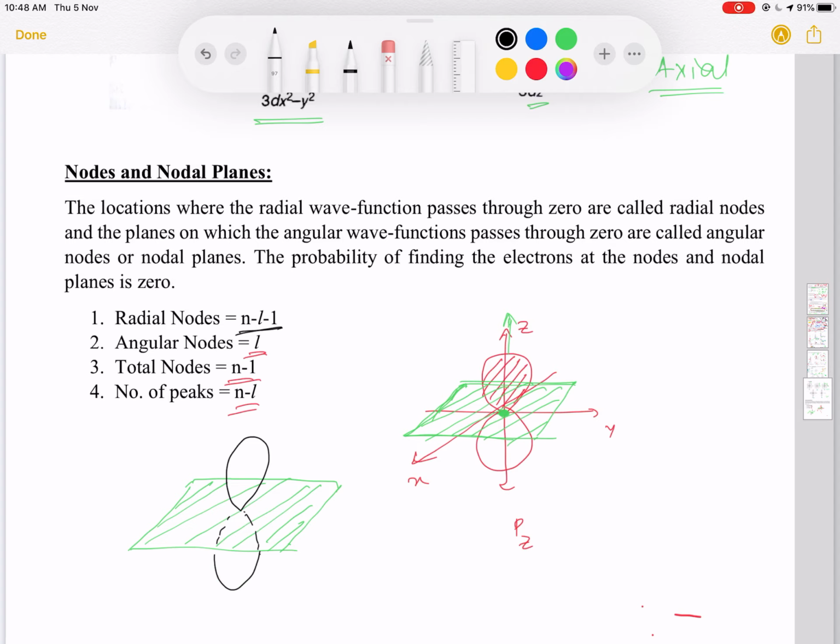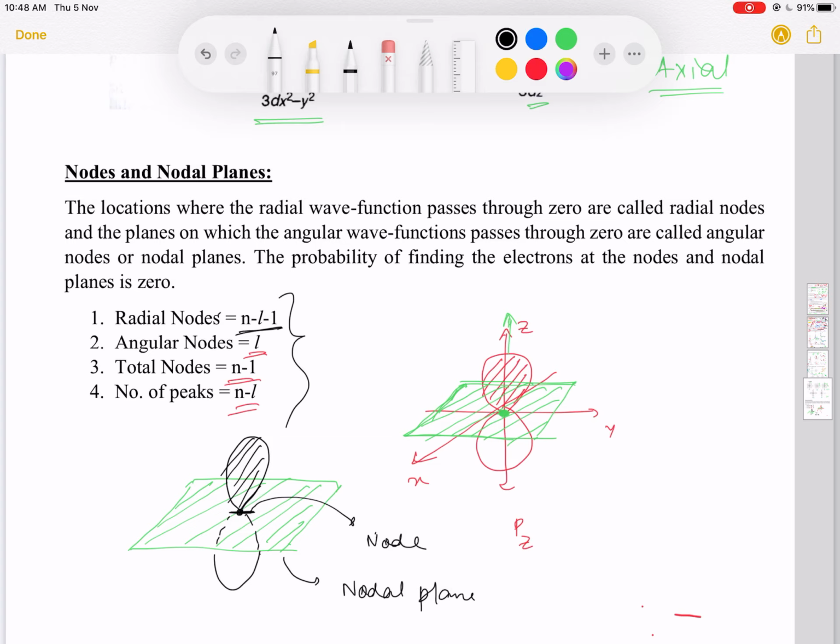This is called the node, and the plane that is passing through the node is called the nodal plane. The probability of finding the electron in the nodal plane or the node is 0, and we can easily find this out from the quantum numbers using these formulas.